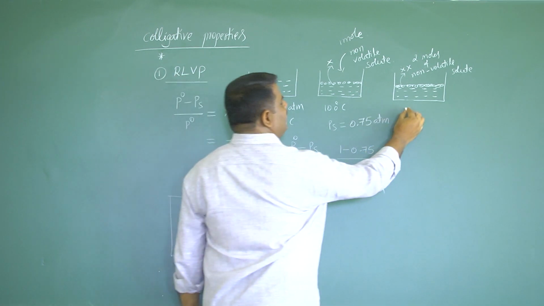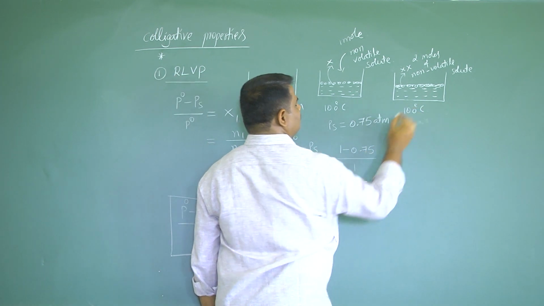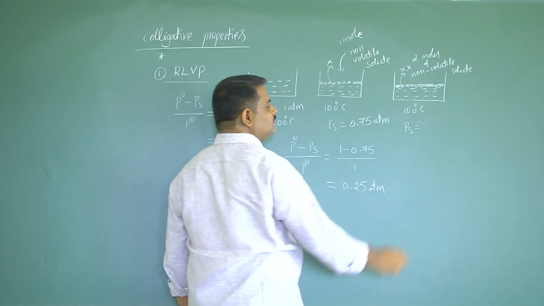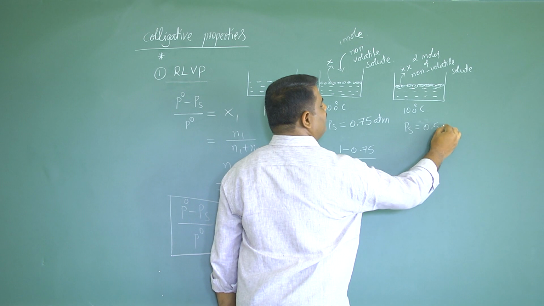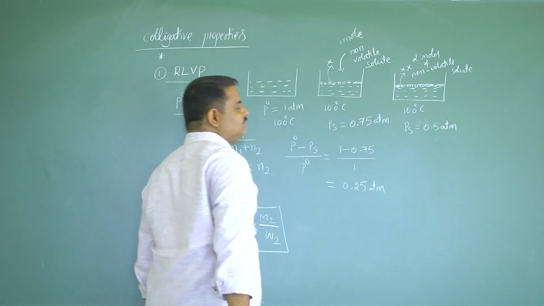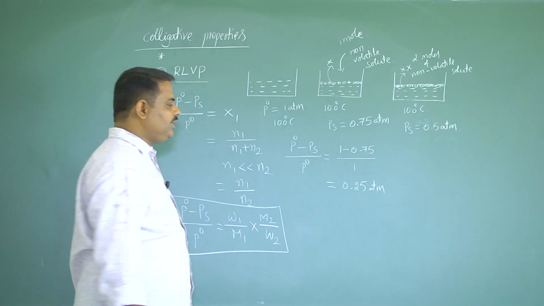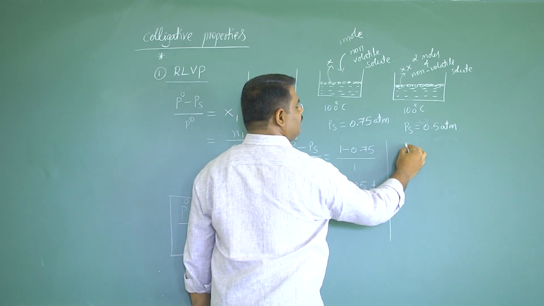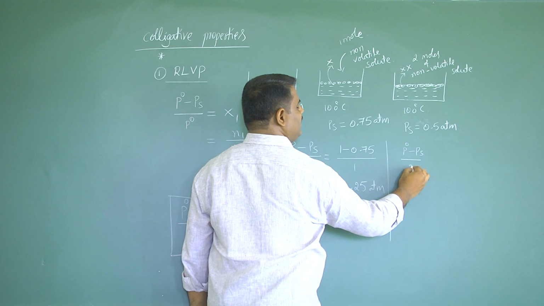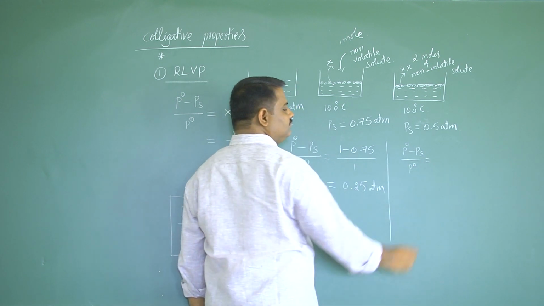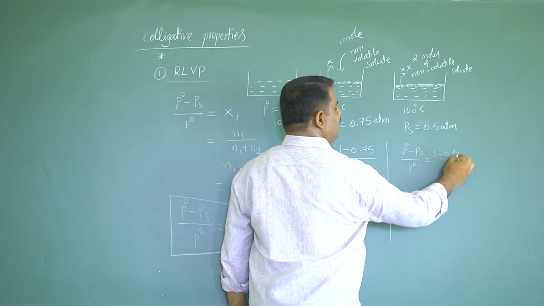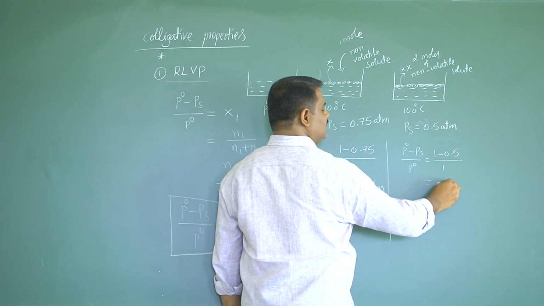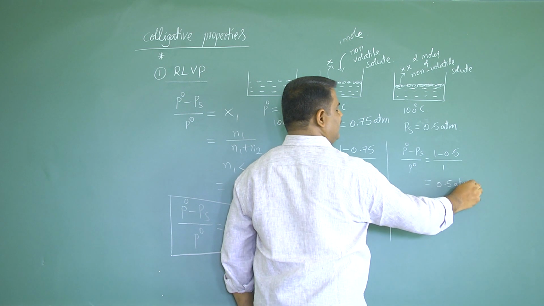Then at same temperature, vapor pressure of solution becomes 0.5 atmospheres. That means for this condition, (P naught minus Ps) by P naught is equal to (1 minus 0.5) by 1, which is nothing but 0.5 atmospheres.